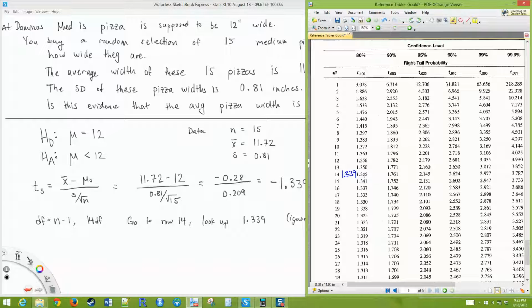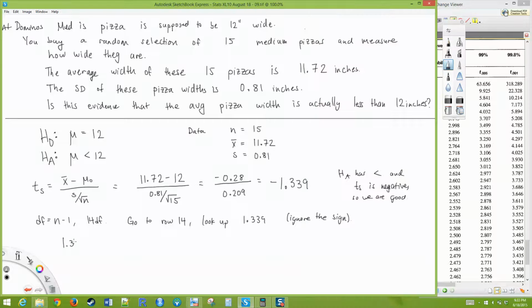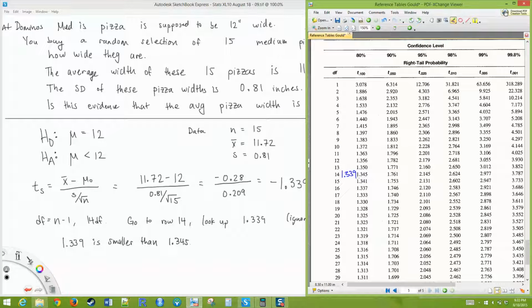If I had 1.5, it would be between these two columns. But it's not. It's smaller than 1.345. All I'm doing is trying to see where the number belongs, and it belongs on this side of the column.